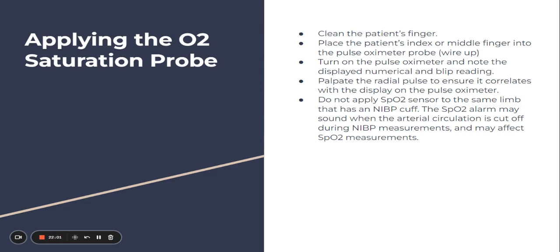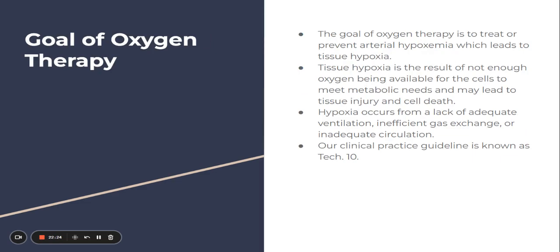Put blood pressure on one side and sat probe on the other side, because if not, every time the blood pressure is going to inflate, it's going to cut off blood circulation for a moment, and it's going to affect the sat probe or the oxygen saturation measurement, and you're going to hear the bells and whistles going off.